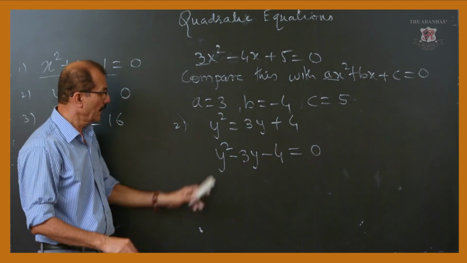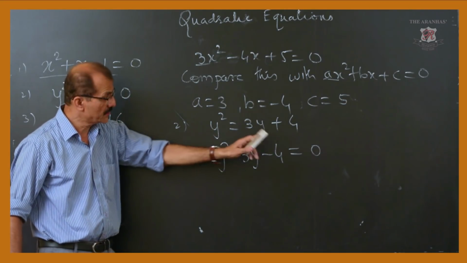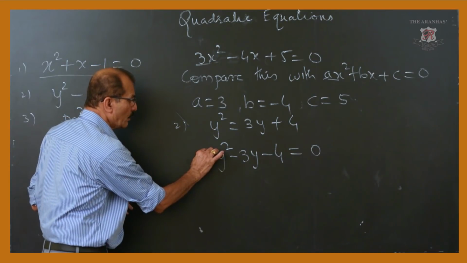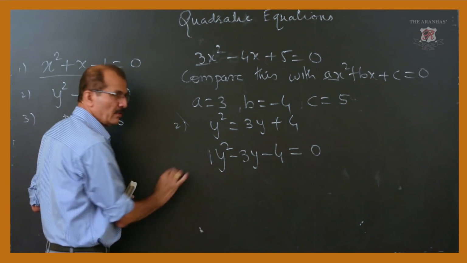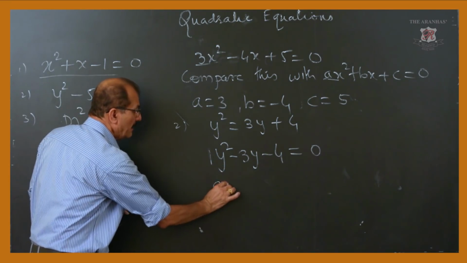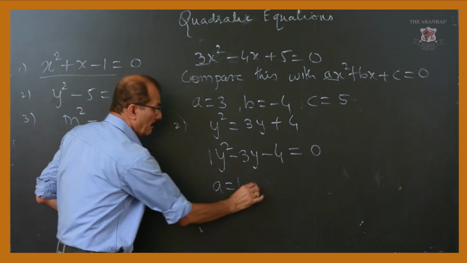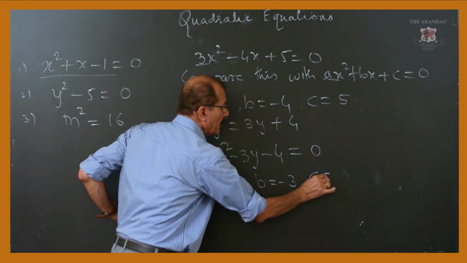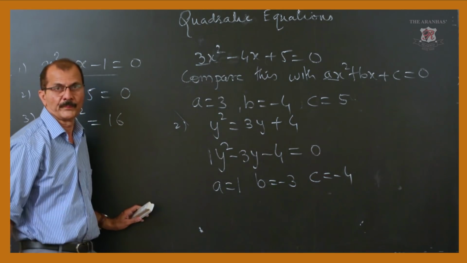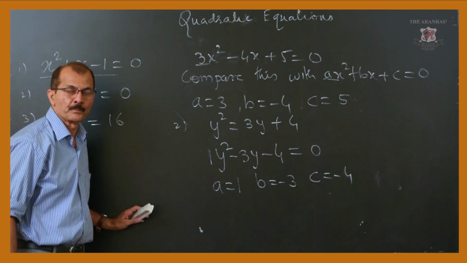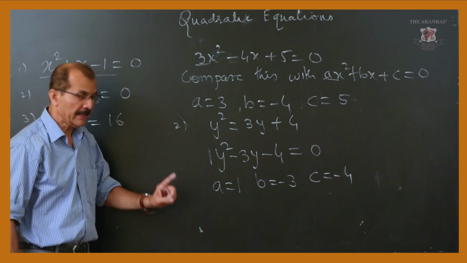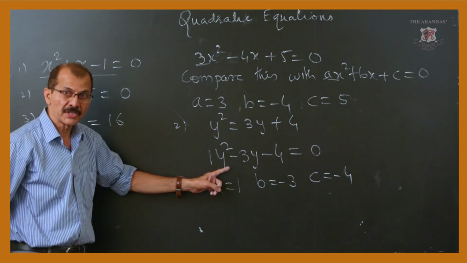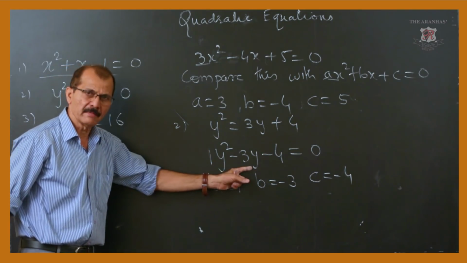So, here if you compare with the general form, my a is what here? Y square means 1y square. So, my a will be 1, my b will be minus 3 and my c will be minus 4. I repeat again, the equation is in y variable.